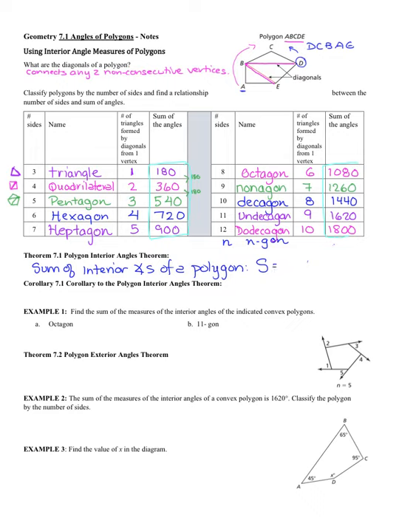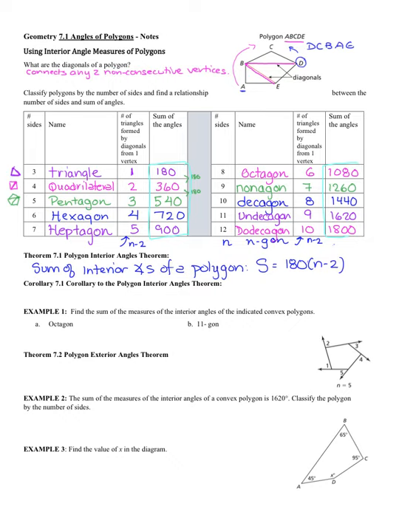The sum would equal 180 times n minus 2. So notice if I had a triangle, which has 3 sides, the sum would be 180 times 1. Quadrilateral would be 180 times 2, which is what we did, and et cetera. So what this represents is your n minus 2, is what that column represents.